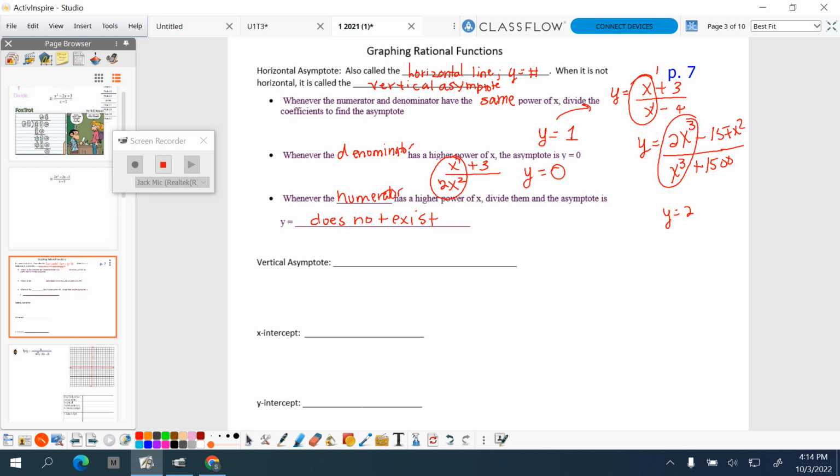So a vertical asymptote is interesting. We get it when we have a function, let's say, some equation over another equation, the numerator over the denominator.